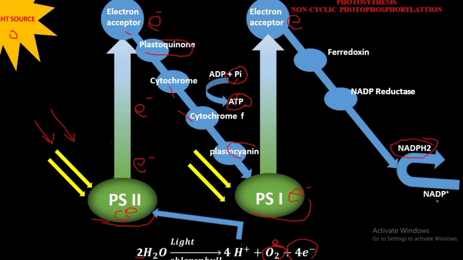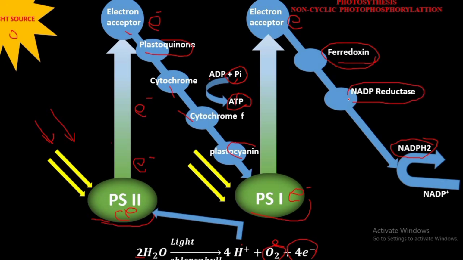The excited electrons from photosystem 1 are transferred to the electron carrier known as ferredoxin. Then the electrons from ferredoxin are passed to NADP reductase.